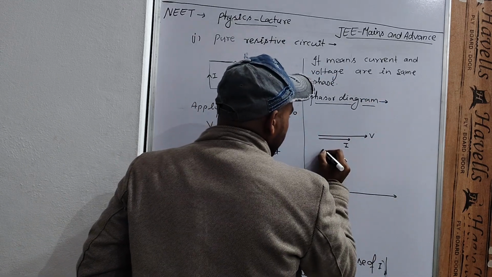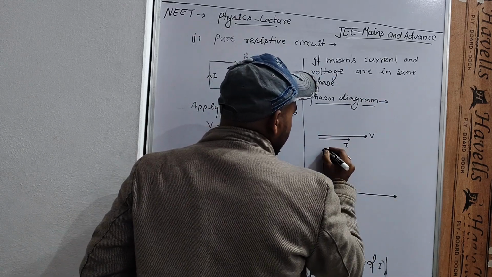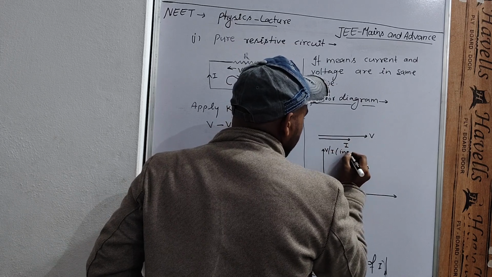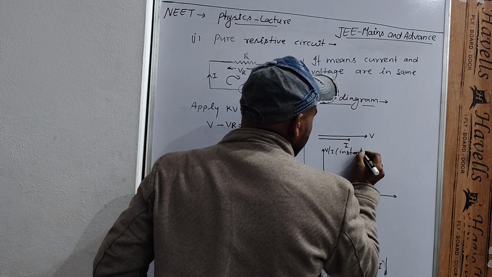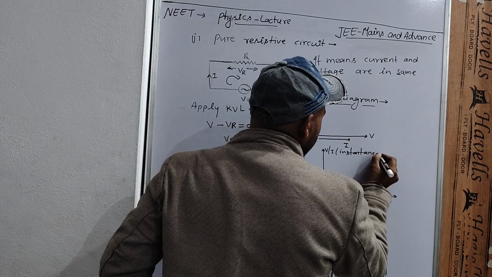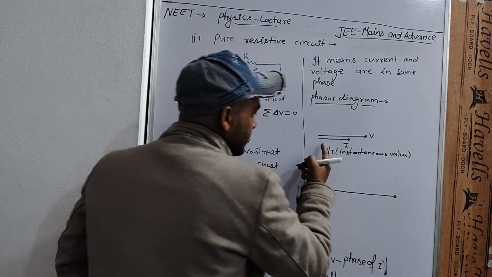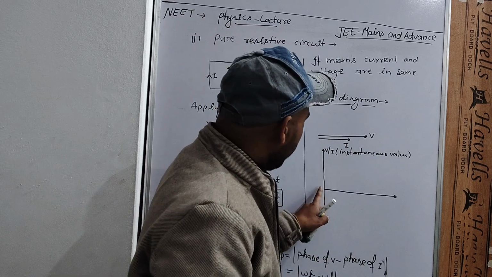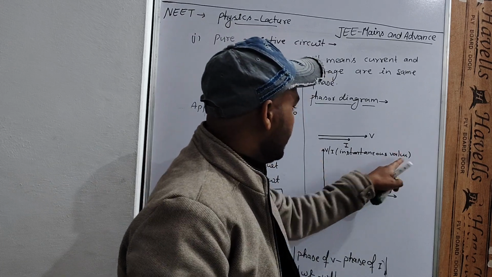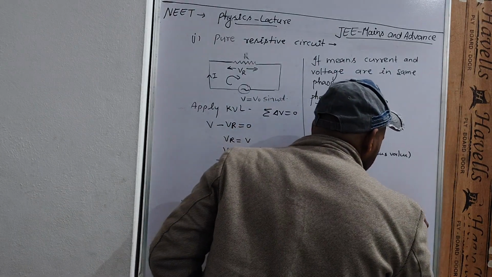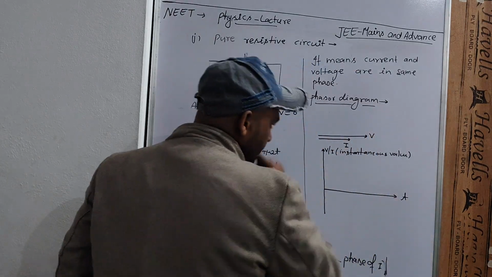Now this axis shows instantaneous values of voltage or current. This y-axis shows the instantaneous values of voltage and current, and this axis shows time axis.